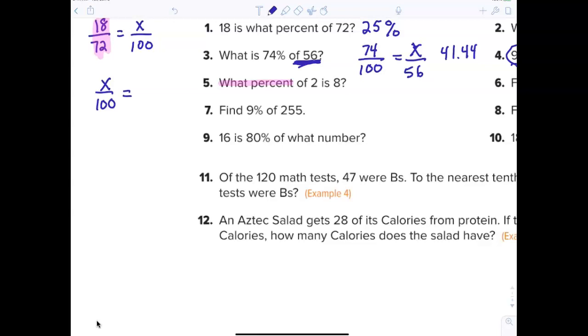Equals. Now it'd be what? 8 over 2, because it is over of. So x equals, that's good mental math, 400.